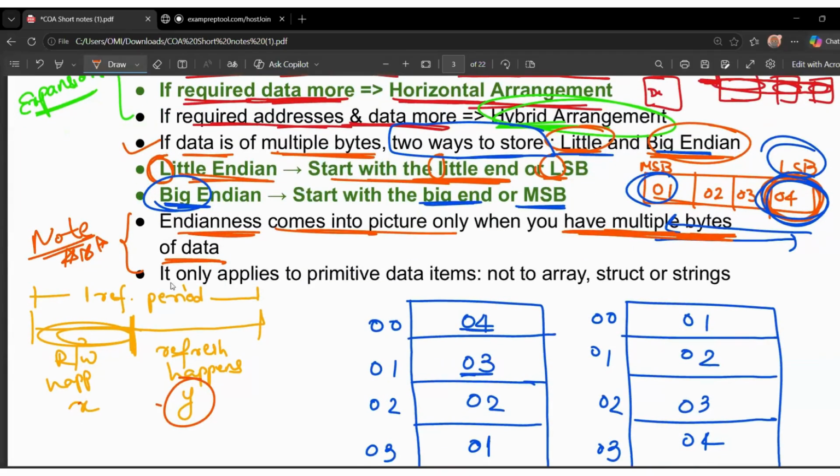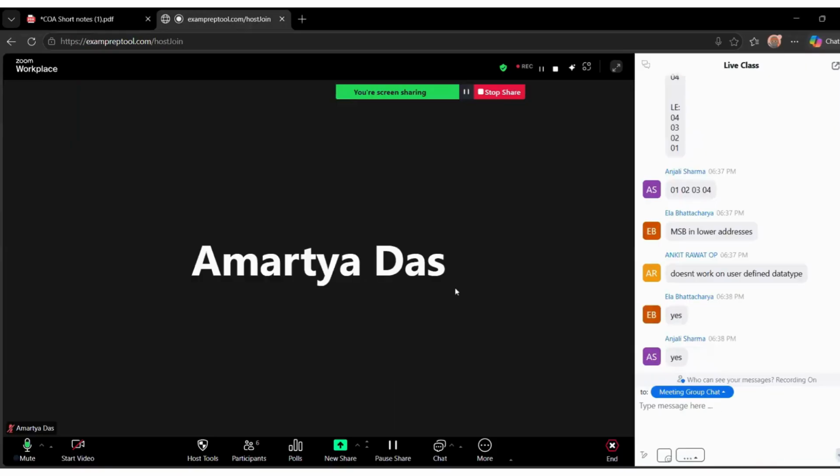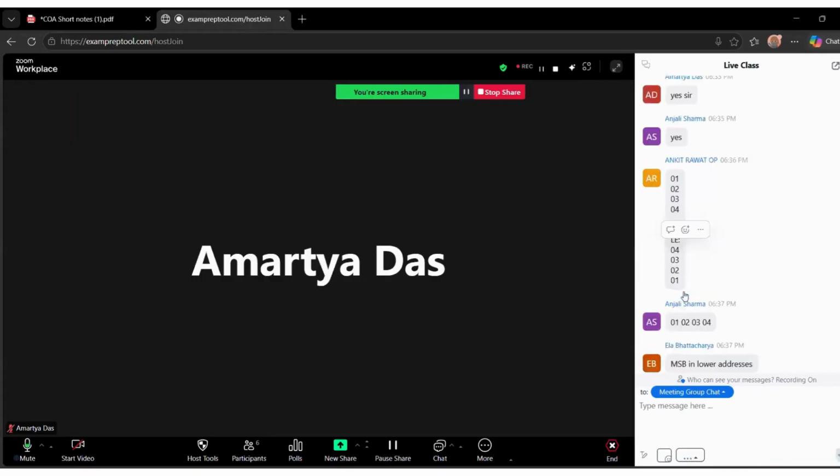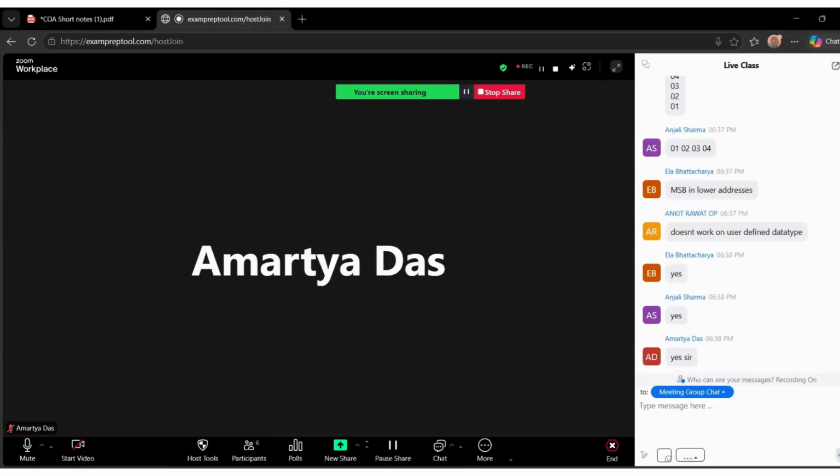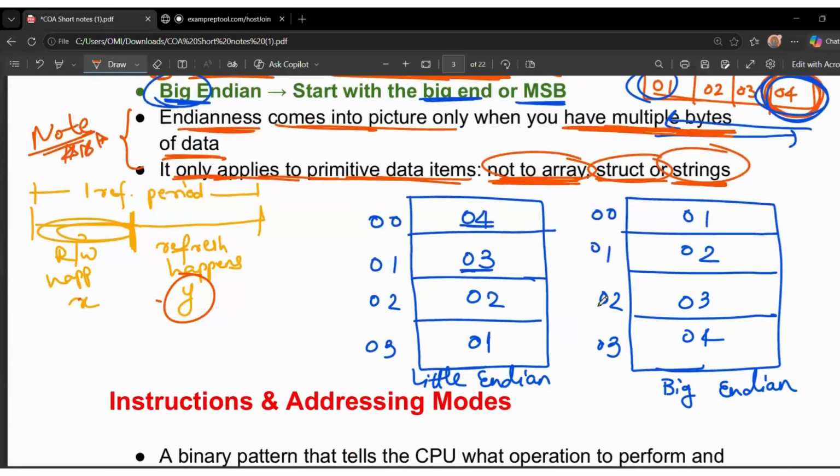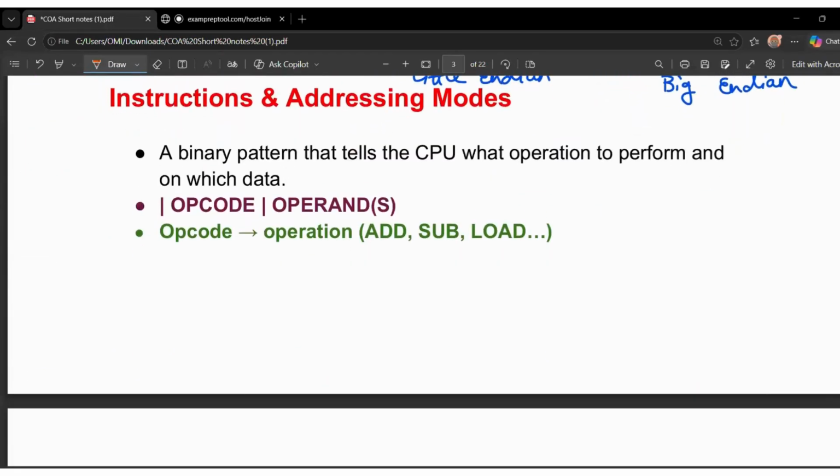And we have seen this important thing: it only applies to primitive data items, not to a struct or string. We have seen this in detail. I hope you all remember that it is not applied to a struct and string. So this is all about the two types of endianness, two ways to store the data. Now we proceed further.